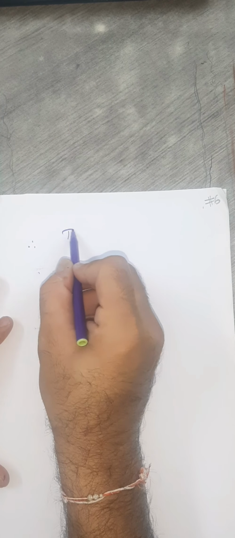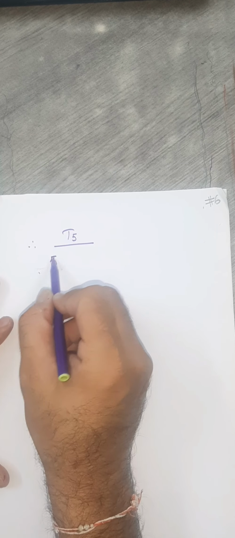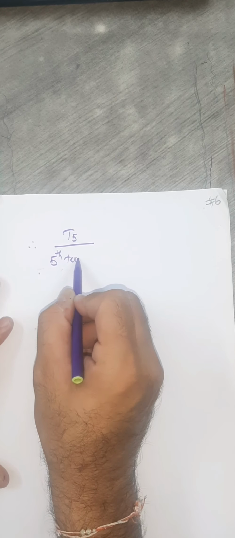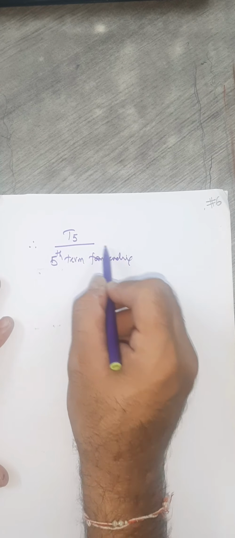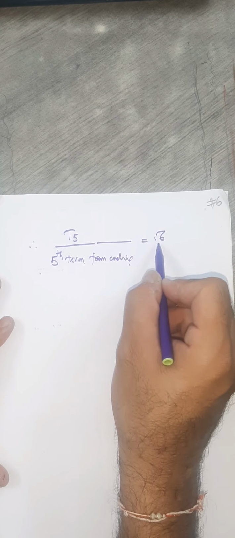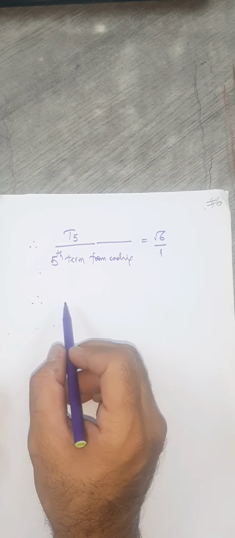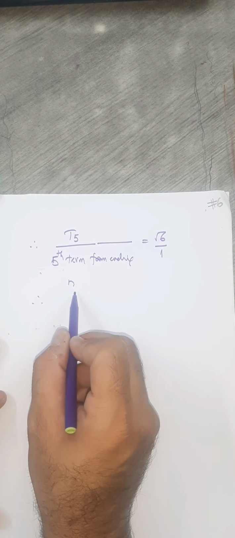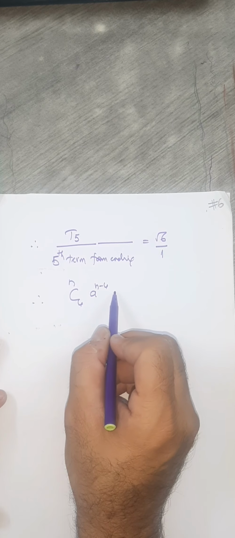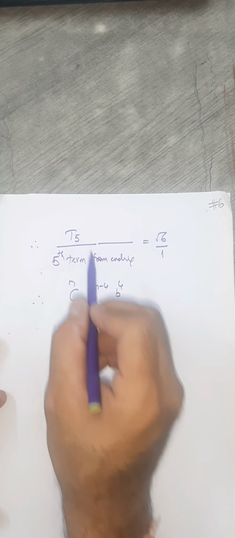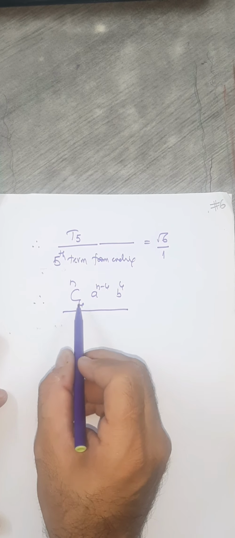So therefore we have fifth term from the beginning, and let's write here fifth term from ending equals to root 6 by 1. Now what is T5? T5 you have prepared formula. What's the formula for T5? NC4 a raised to n minus 4 into b raised to 4. Fifth term from the beginning upon. Now how do you write from the ending?